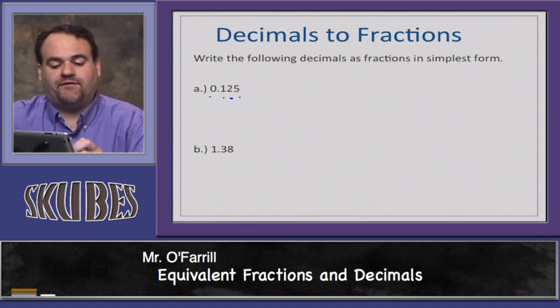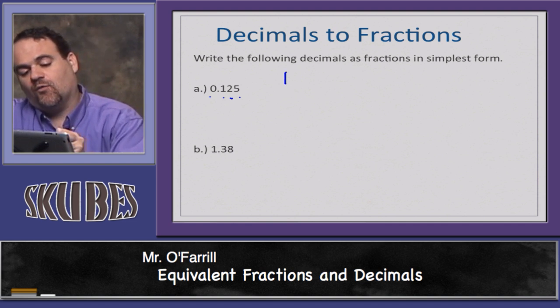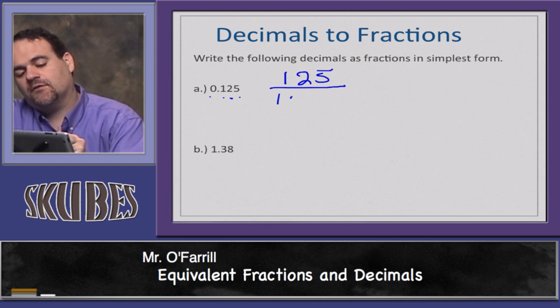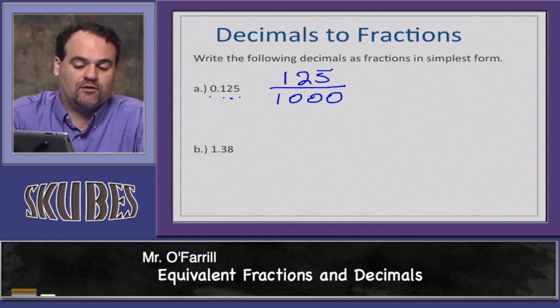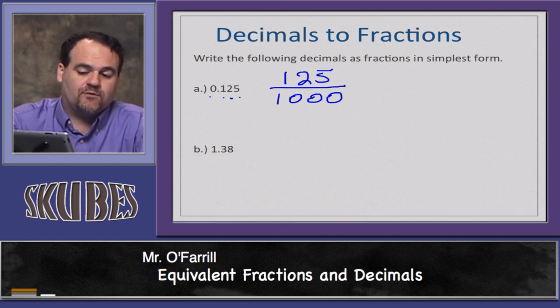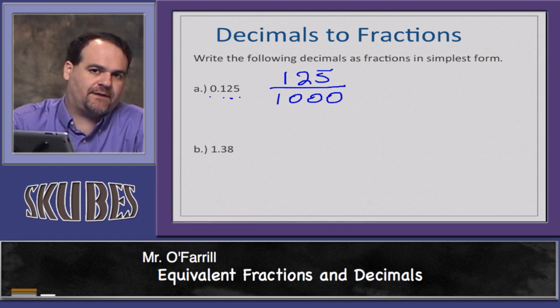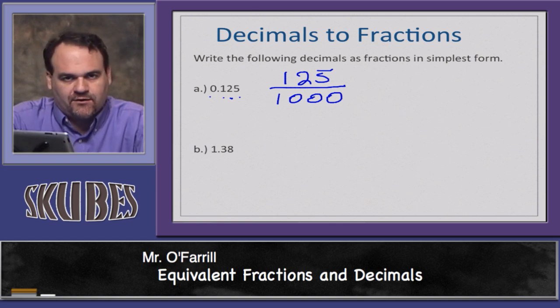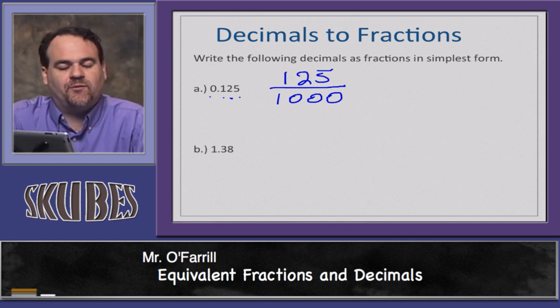So what we really have here is the number 125 over 1,000, because we took it all the way out to the 1,000th place. At this point, we have a fraction. We just need to do a little bit of reducing. And since we're not using a calculator, of course, we're just going to do a little bit of guesswork.